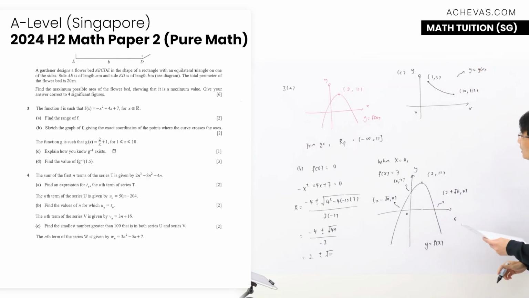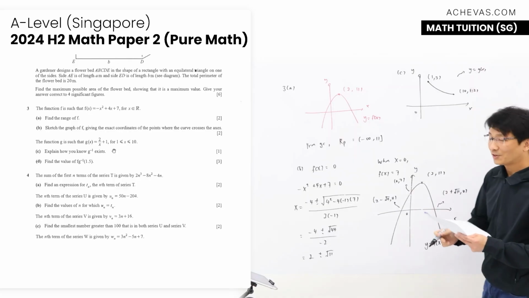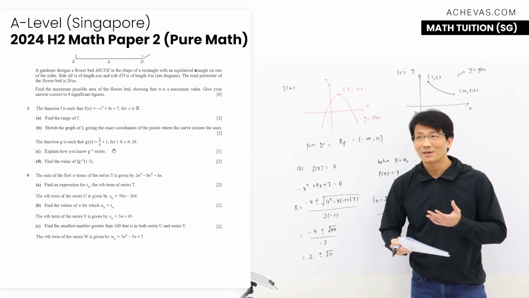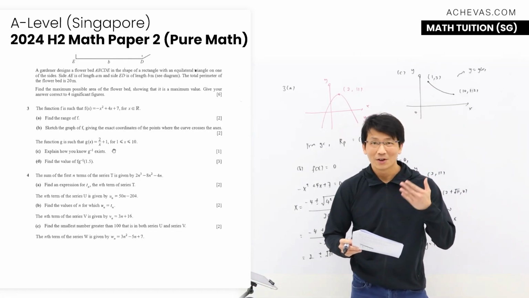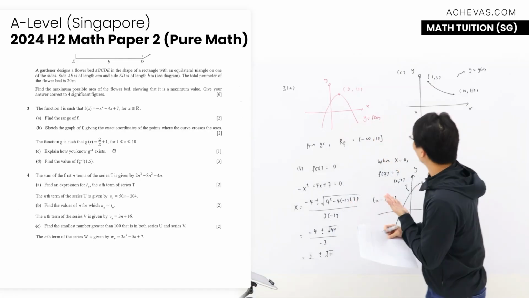From the graph, we can see that no matter what the value of the horizontal line y equal to k that we draw, it will only cut the graph at one point.